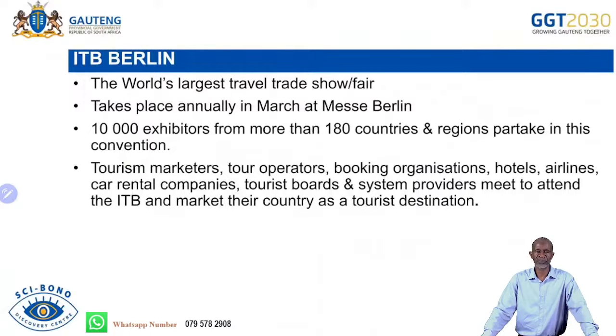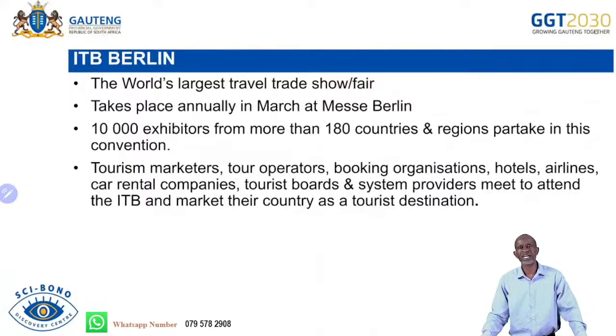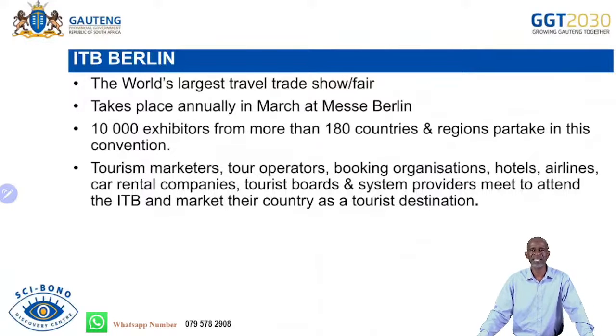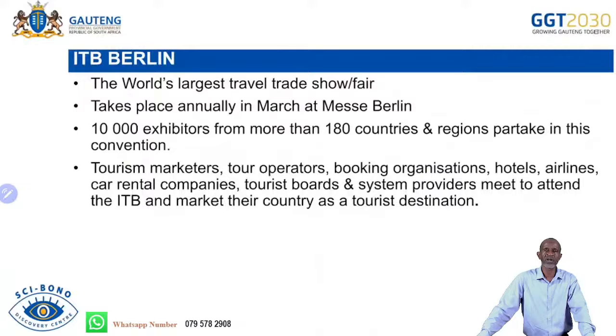So I have read out a number of stakeholders that we did mention in the previous slides, the stakeholders in the tourism industry. They gather at ITB Berlin annually in March, showcasing the tourism products in their respective countries. And South Africa is party to this event on a yearly basis.